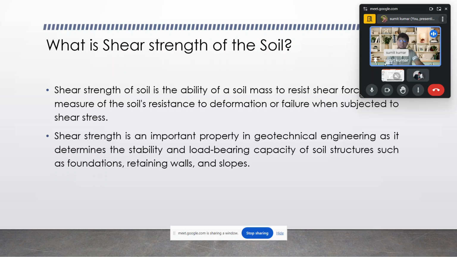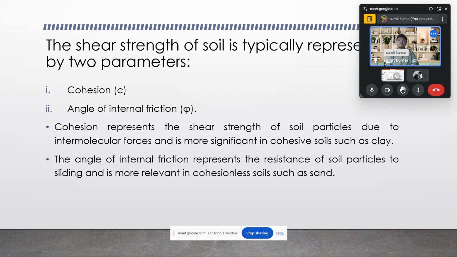We understood the two parameters which primarily govern shear strength, cohesion and angle of internal friction. Cohesion represents the shear strength of soil particles due to intermolecular forces, while the angle of internal friction represents the resistance of soil particles to sliding and is more relevant in cohesionless soil.